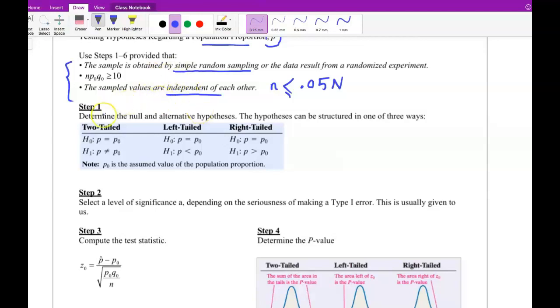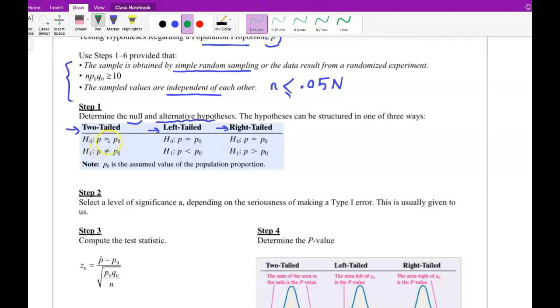So after that, we're going to follow these steps. Step 1 is to determine the null and alternative hypotheses. Exactly the same as the previous section, we have two-tailed, left-tailed, and right-tailed. The null hypothesis is always equal to, so for all of these we have equal to. Since here we're using a population proportion, I have p.